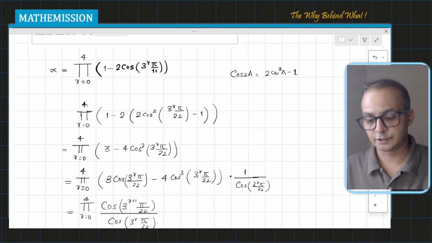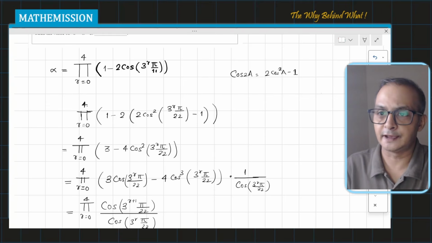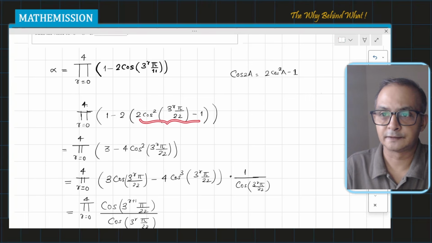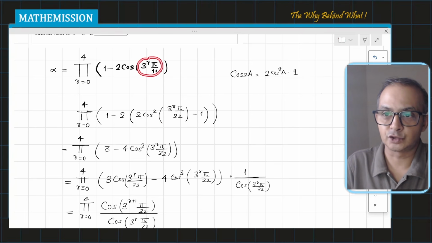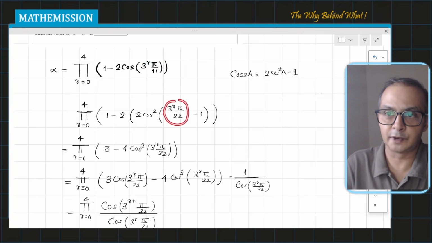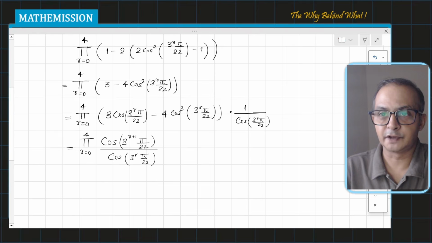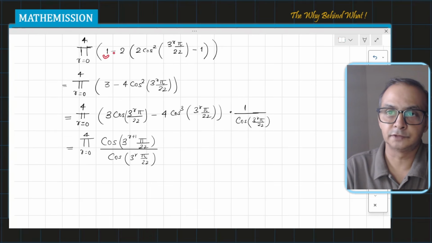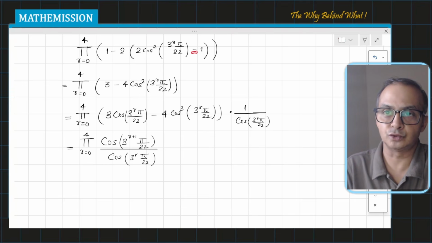I can write this thing as 2 cos squared theta by 2, because this is a, so this is going to be a by 2, so this will become pi by 22. And further, after simplification, I get this 1 with minus 2 into minus 1, that will become plus 2. So 1 plus 2 will become 3, and this will become 4 cos square 3 to the power r pi by 22.